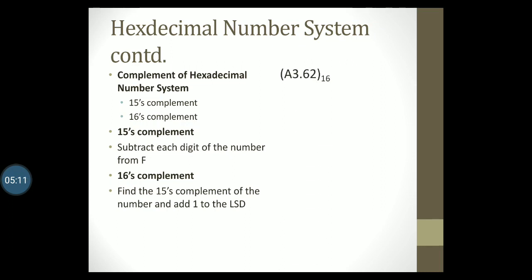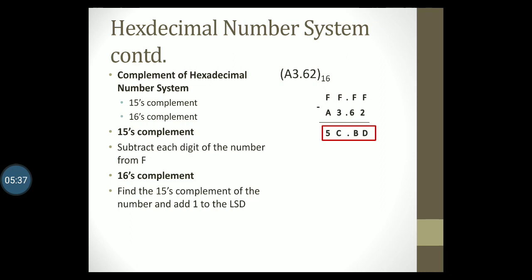Let us take an example. A3.62 to the base 16, find its 15's complement and 16's complement. To find its 15's complement, we have to subtract the hexadecimal number from 15, which is represented as F in hexadecimal. Subtraction in hexadecimal is done very close to the manner in which we do decimal subtraction.